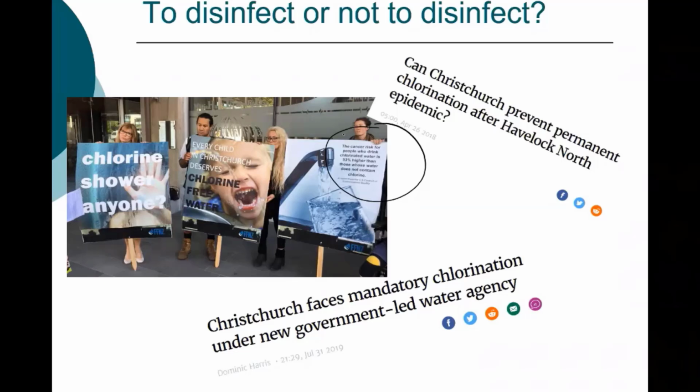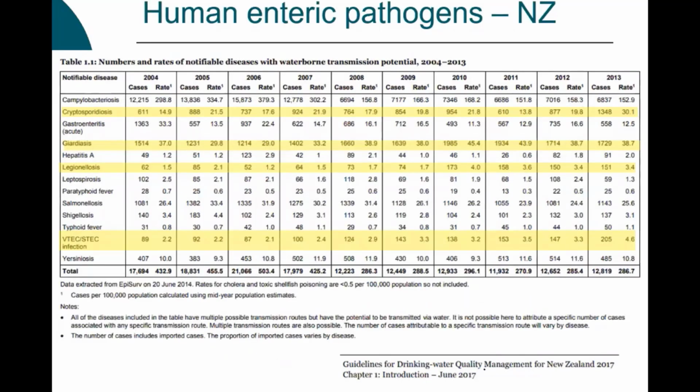That is not true, or has not been true, in New Zealand. This table is from the New Zealand guidelines for drinking water management. I use it because it gives us a sense of the number of cases of various different waterborne diseases.